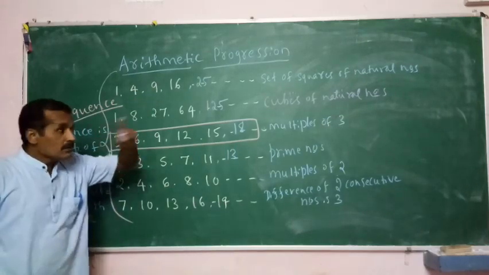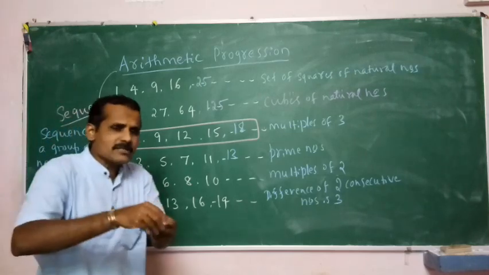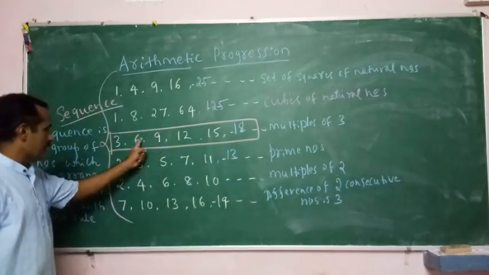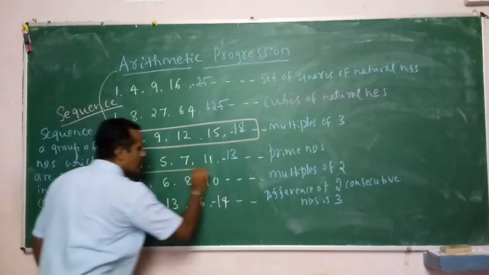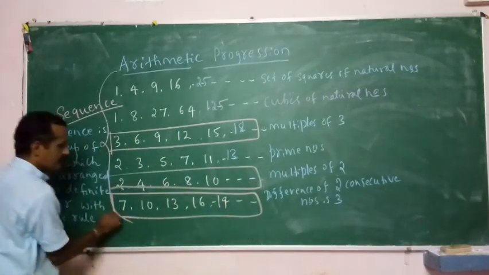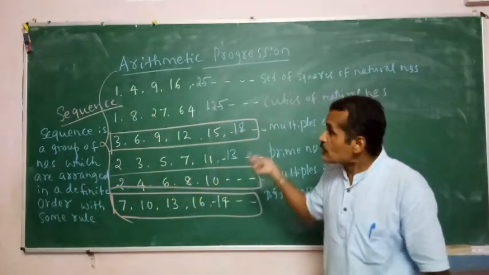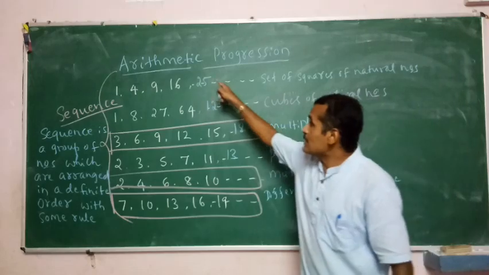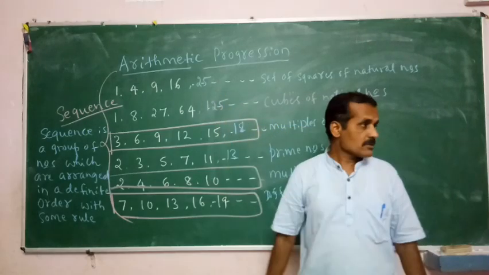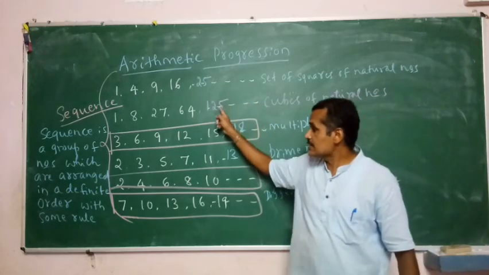My dear children, basically all are sequences, but among the sequences, let me remove some sequences. I have taken out this 1, this 2, and these 3. These 3 sequences have some special property which is not there in these.